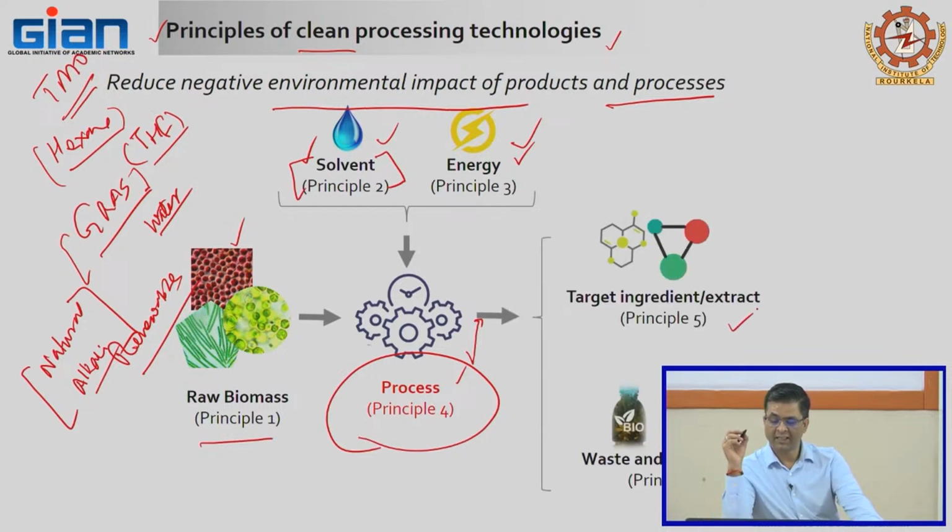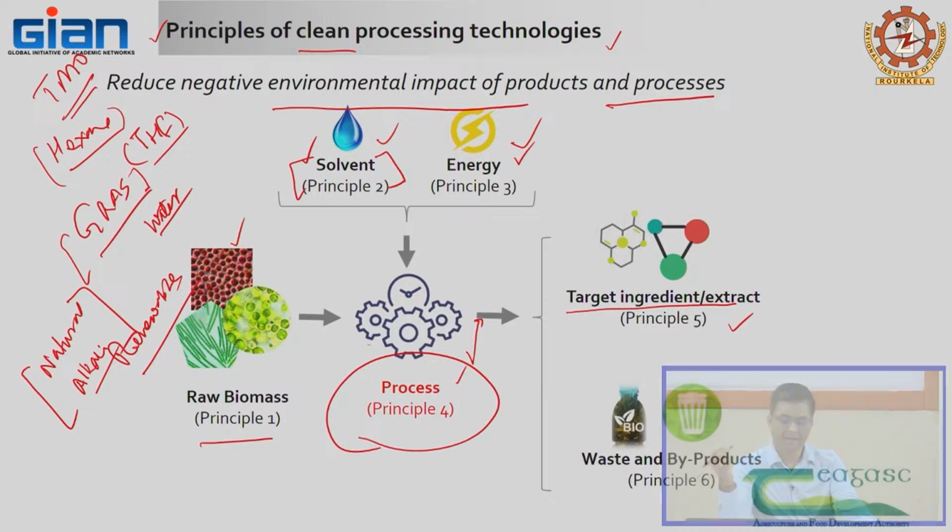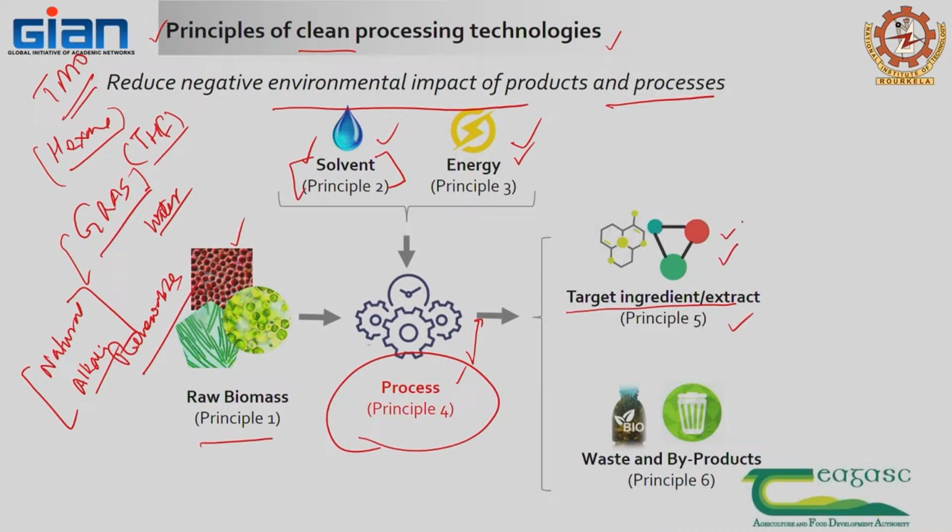Fifth principle is related to the target ingredient or extract. Even though you have everything perfect, the target ingredient you extracted is good, but you cannot have any application of that because it does not have those properties, yeah, or it has a high level of cytotoxicity, or its biological activity is gone, yeah. So, that is another principle.